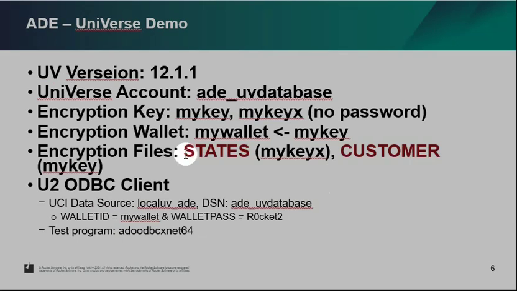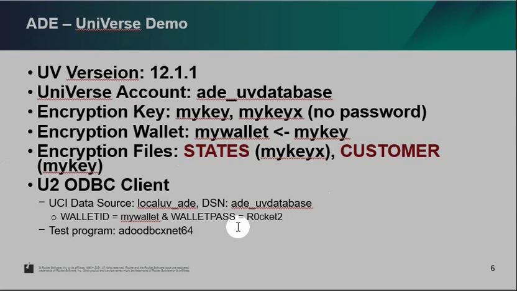Then I encrypted the state file, very simple, using the no-password key mykeyx. Another, I encrypted the customer file using mykey, which has a password. So that will be a little bit different. I will show you in my demo.